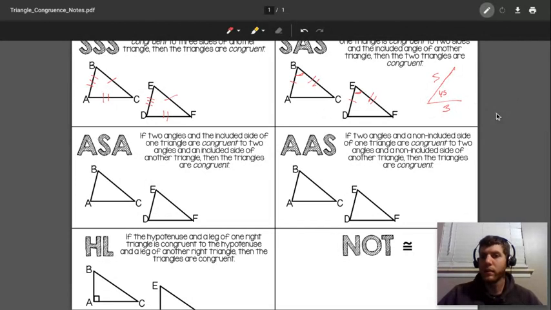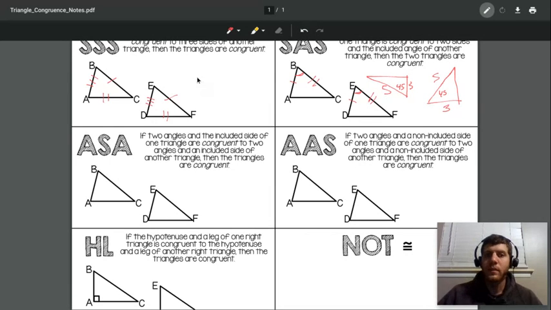If you draw anything like that, in any orientation, if you have a 3, and then you have a 45 degrees, and you have a length of 5, it doesn't matter what orientation you have it, these triangles are going to end up being congruent. If you have those parts the same, there's only one triangle you can draw. You can't draw different triangles with different lengths or different angles. They would have to be the same.